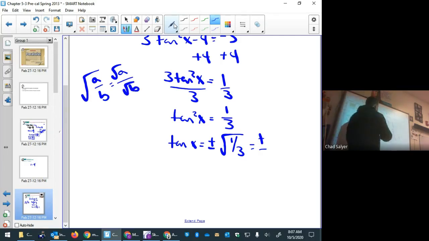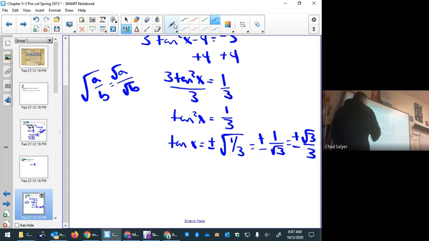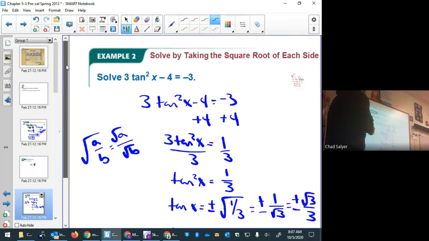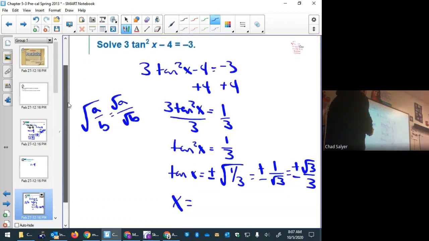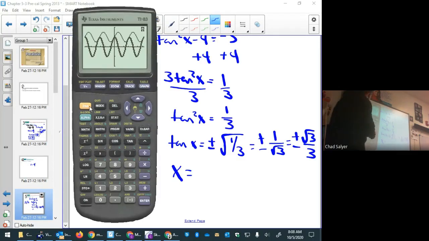That allows me to write this as the square root of 1 over the square root of 3, because the square root of 1 is 1, and the square root of 3 is radical 3. And then if I rationalize, radical 3 over 3. So we have to consider both of those. We want a solution to both of those. Pretty soon they're going to ask us for every solution on the unit circle, but right now, just one will suffice.